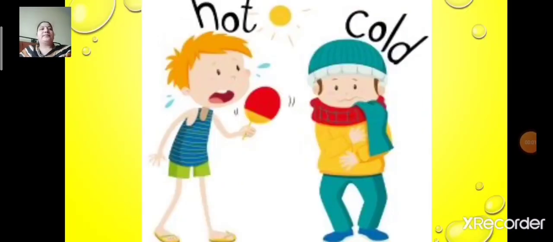Next, hot, cold. Summer season is hot. Winter season is cold. In summer season, we wear loose cotton clothes and in winter season, we wear mufflers and sweaters. So children, hot, H-O-T, and C-O-L-D, cold are the opposite words.